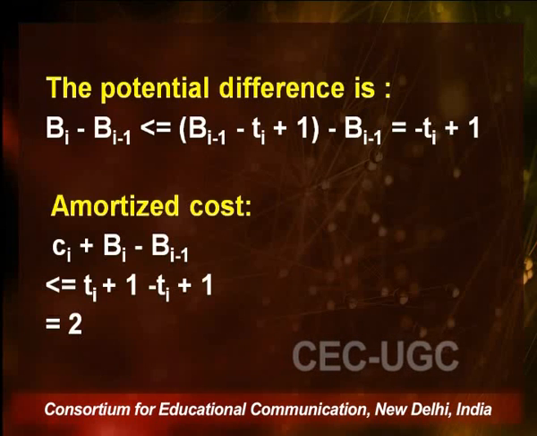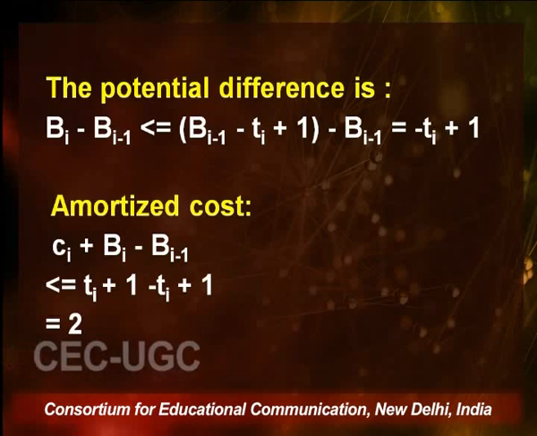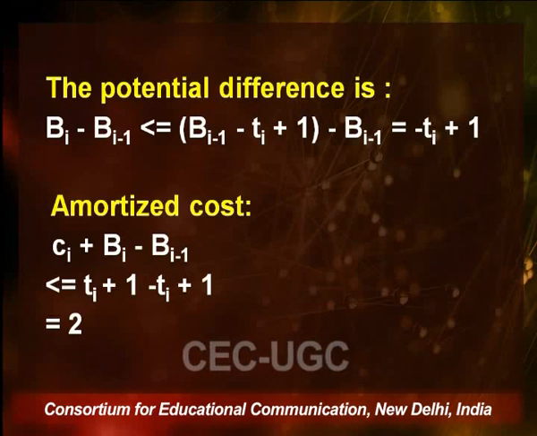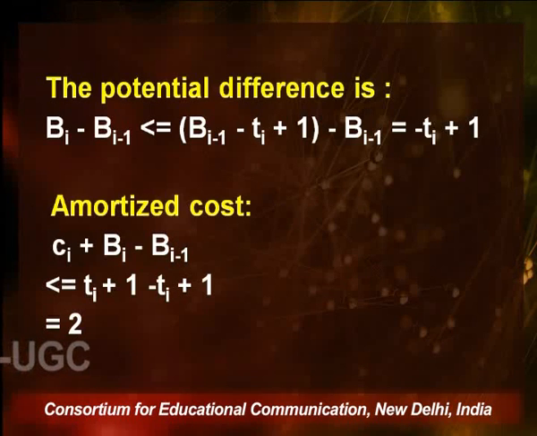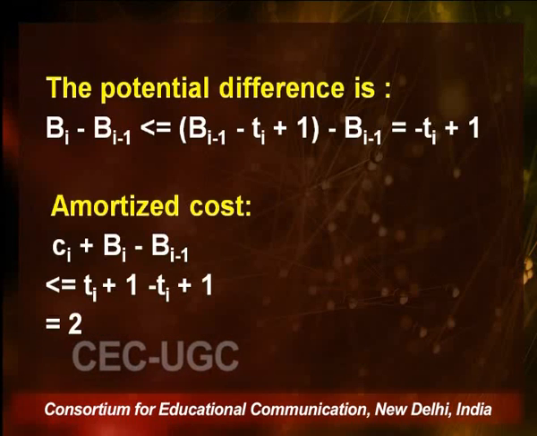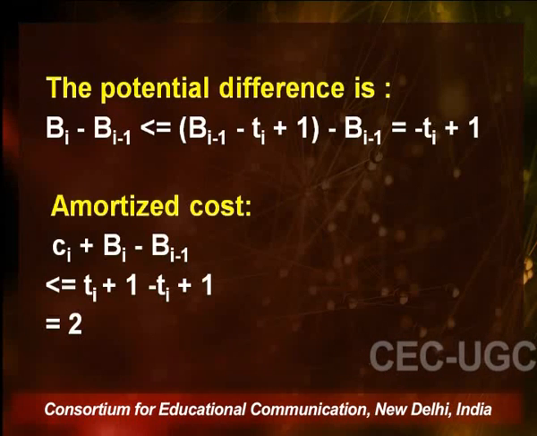So, if we want to calculate the amortized cost, what is left? We have the potential difference, and we are also aware of the total cost. The total cost, if you can recall, we calculated as t_i plus 1, where t_i bits are being reset, plus at most 1 bit can be set.